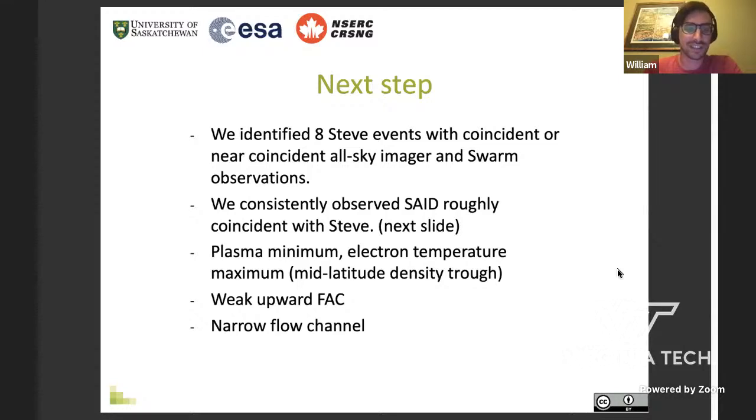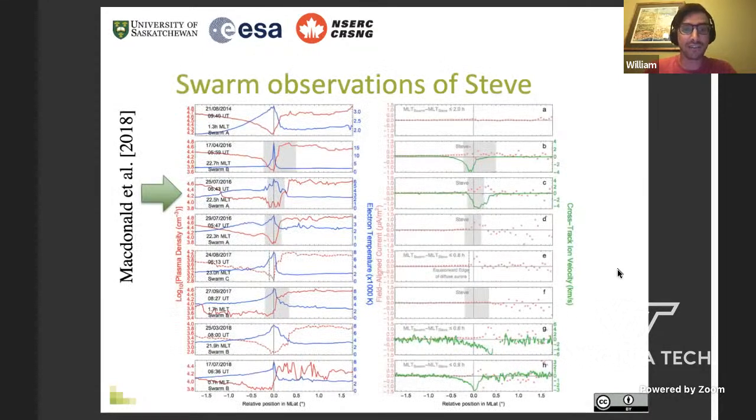To show this as a graph, there's an awful lot of information here, but each horizontal row is a different event. You've got the electron temperature and plasma density on the left in red and blue respectively, and then the field line current and the cross-track ion velocity on the right.